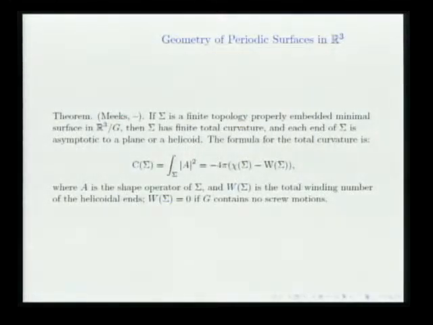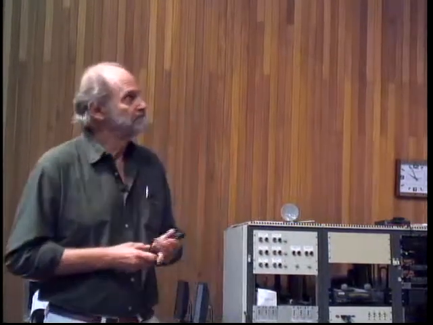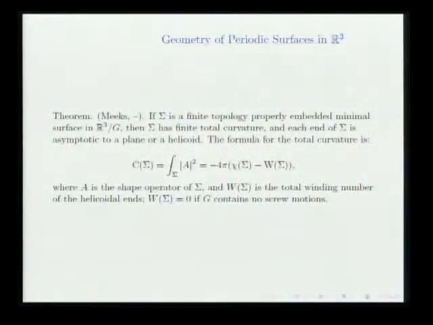The ends are either asymptotic to flat planes, or they're asymptotic to parts of helicoids. So you have a complete understanding for the flat three-manifold case of the geometry of periodic minimal surfaces. This formula here is not usually written that way, but when one's thinking about other three-manifolds, it's better to think of the formula like this.